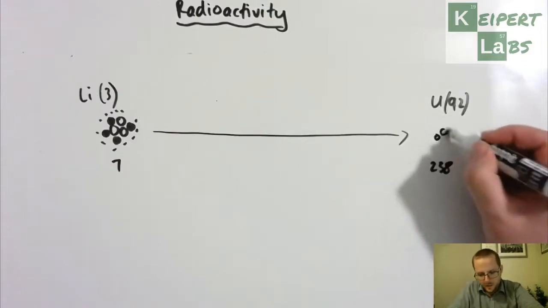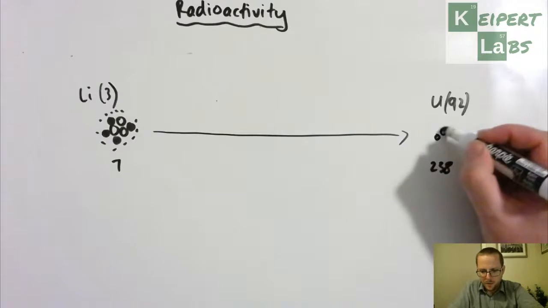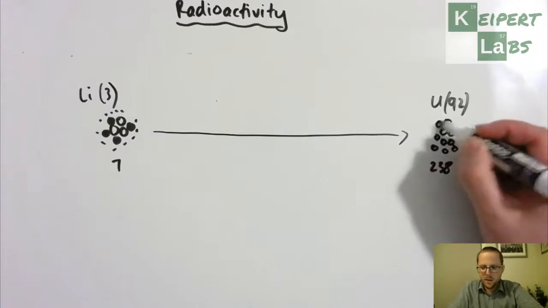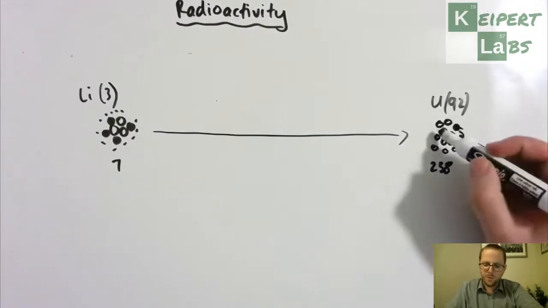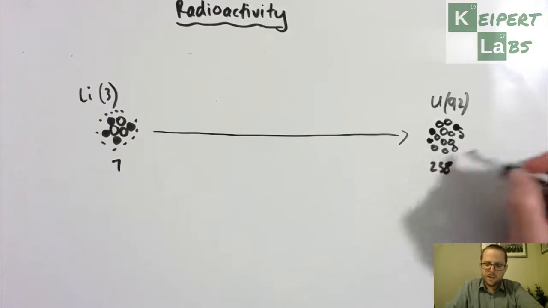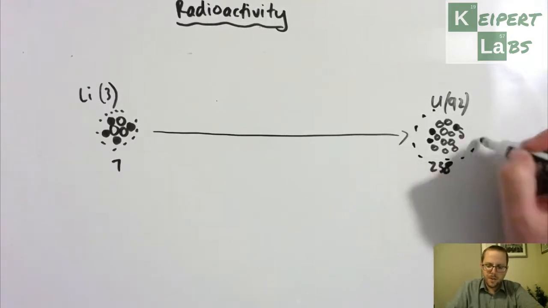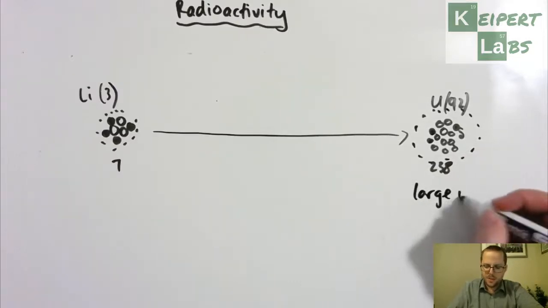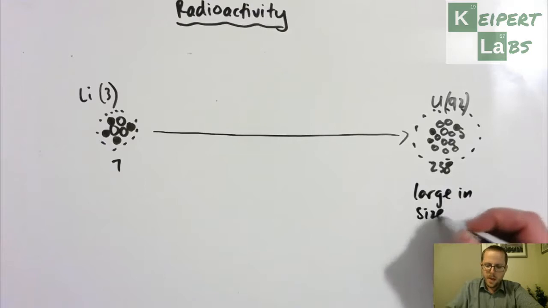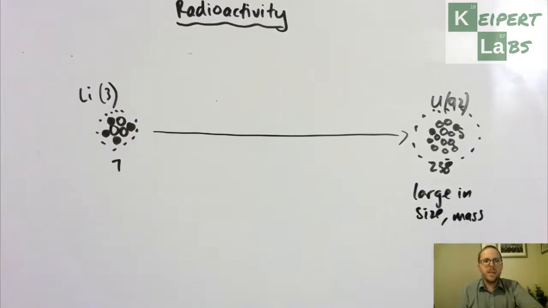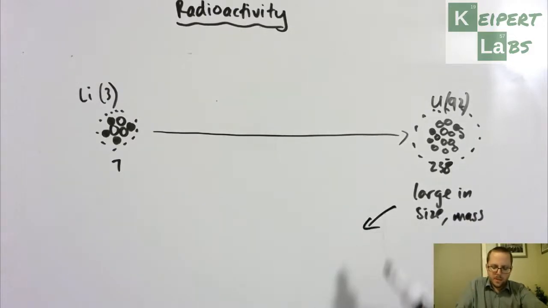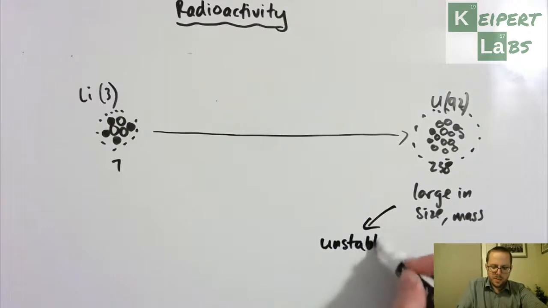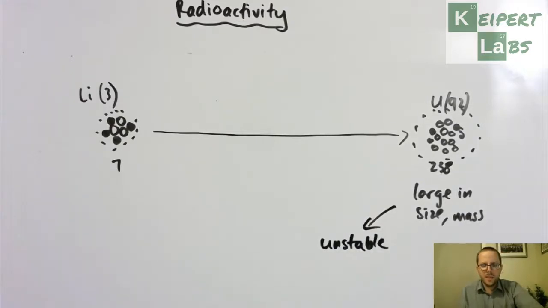So you can imagine you keep going all the way through. I don't have enough time or effort or inclination to draw it all, but the idea is that this nucleus gets very, very large, so large in size and mass, big and heavy. And when the nucleus becomes this big and heavy, it is unstable.